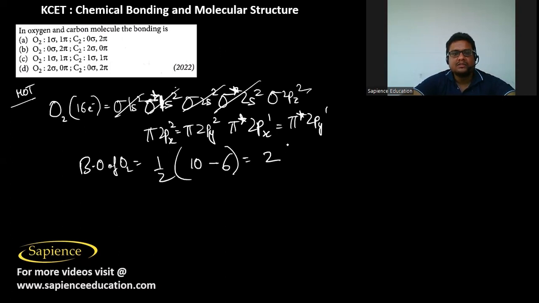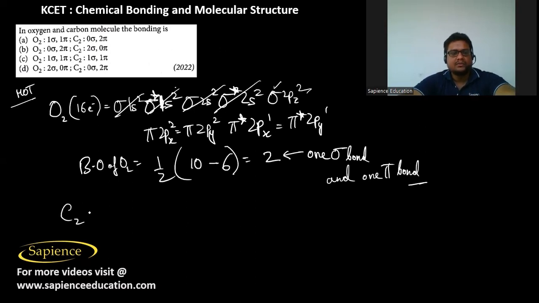So of these two bonds which are formed, one is a sigma bond and one is a pi bond. So one sigma bond and one pi bond is formed in the oxygen molecule.